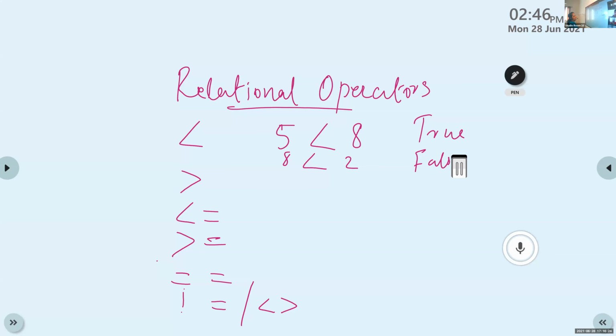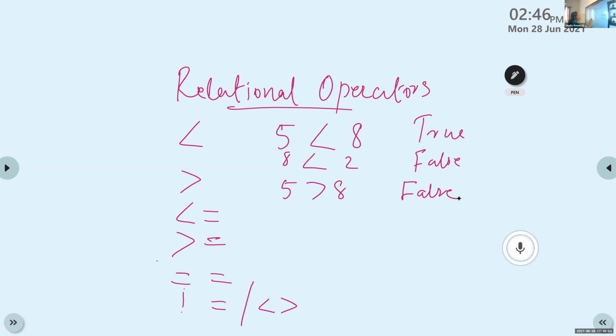So this is comparison. Then what about 5 greater than 8? It's false. 5 is not greater than 8, 8 is greater than 5.